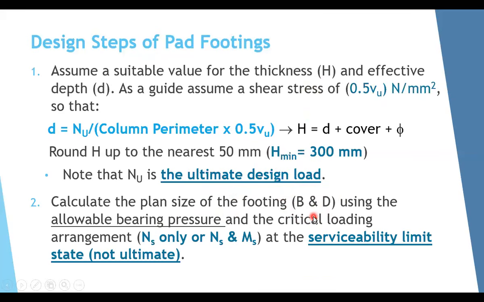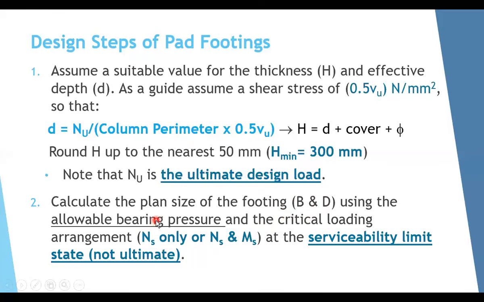How to do that? We use the load at the serviceability limit state, not at the ultimate, and we use the bearing pressure of the soil. If you divide the load in the service limit state by the bearing pressure of the soil, it will help you to find the B and D.